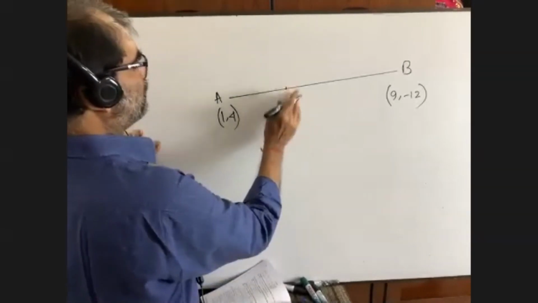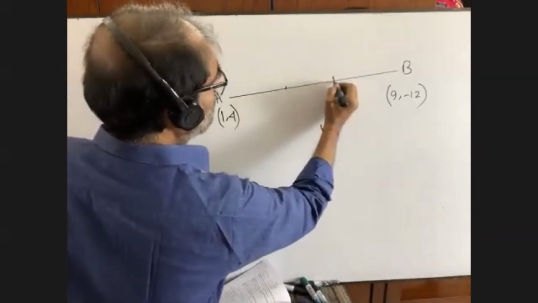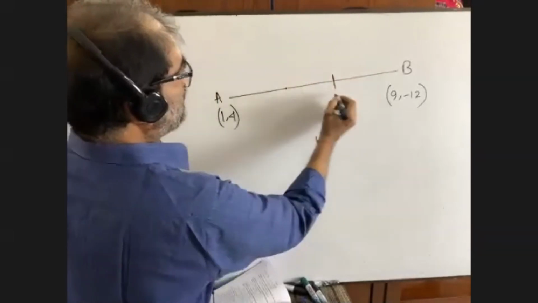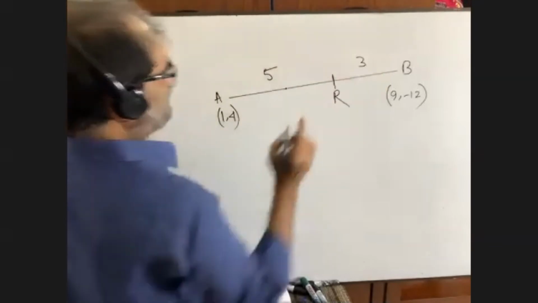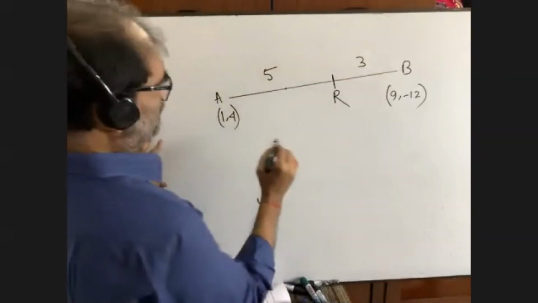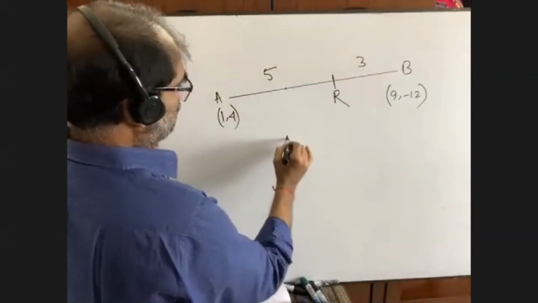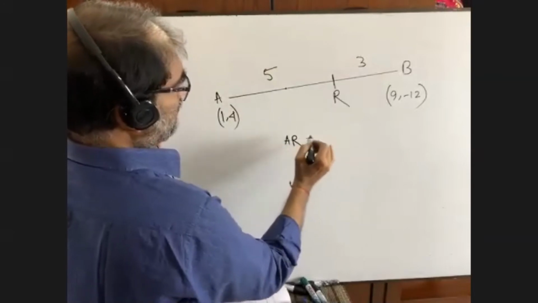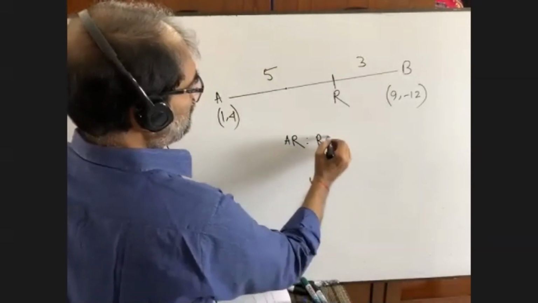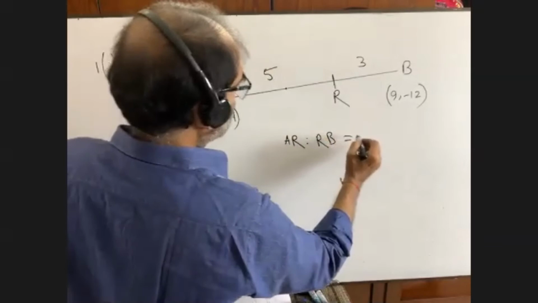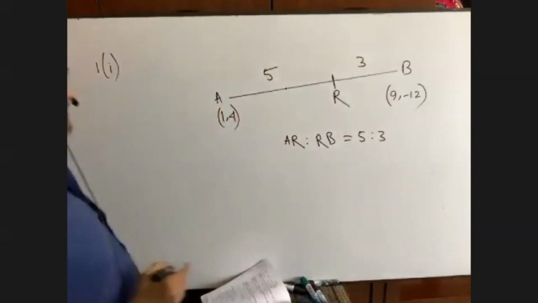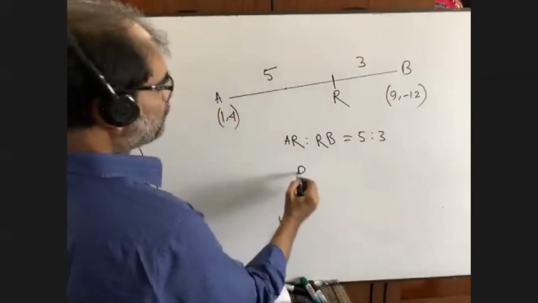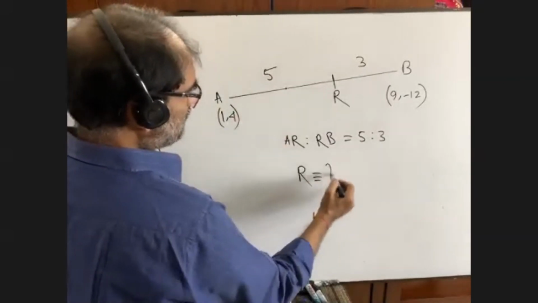So R won't be in the middle; 5:3 means R is here. It is 5, it is 3. That means you have to write this carefully: AR is to RB equals 5:3. Now the question is, what are the coordinates of R?